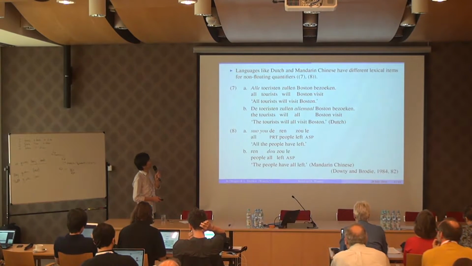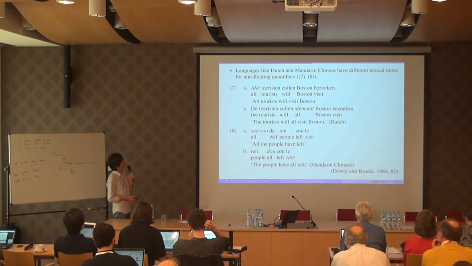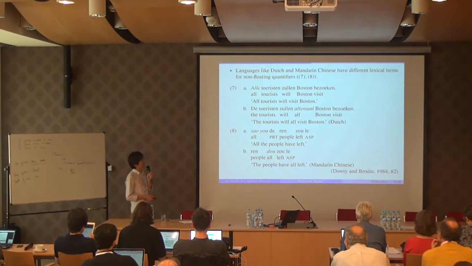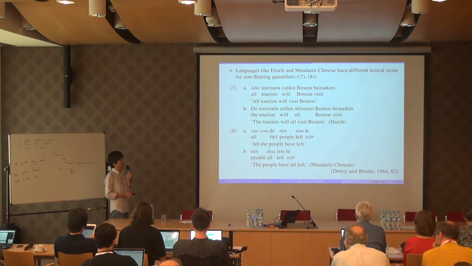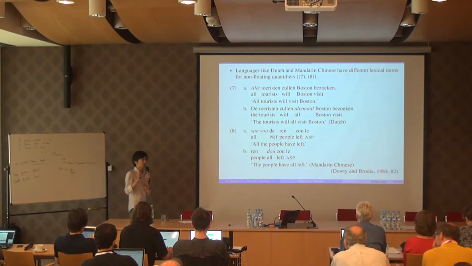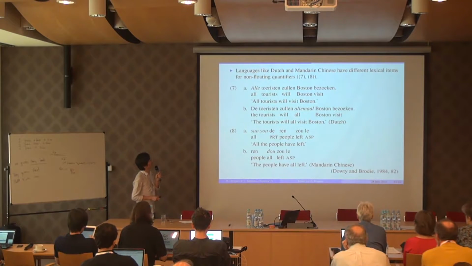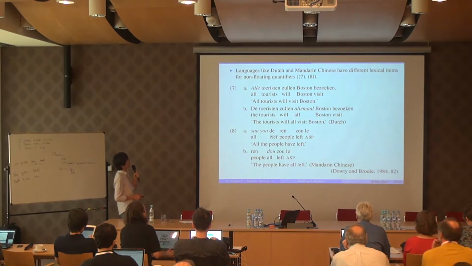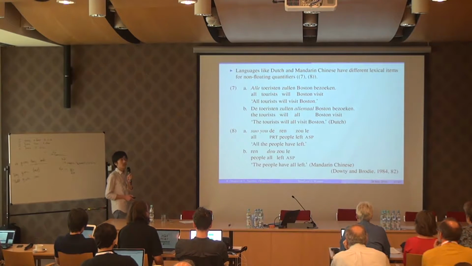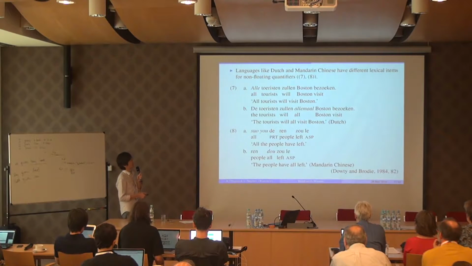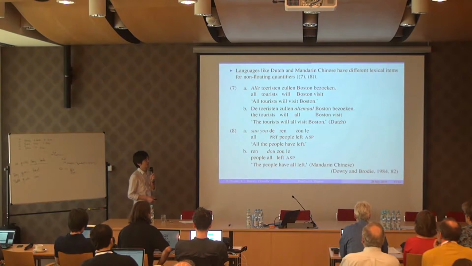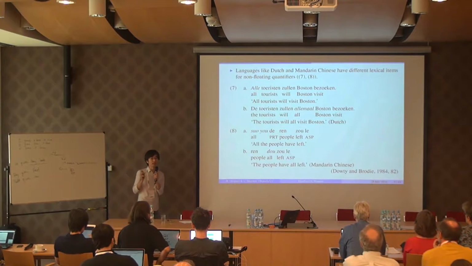The second piece of evidence comes from the fact that some languages like Dutch and Mandarin Chinese have different lexical items depending on whether it's a floating or non-floating quantifier. In 7, a Dutch example, if the quantifier appears inside the noun phrase, then we need an entry like allemaal. But if we float this quantifier, it must be a different lexical item. So they are basically unrelated in a sense.